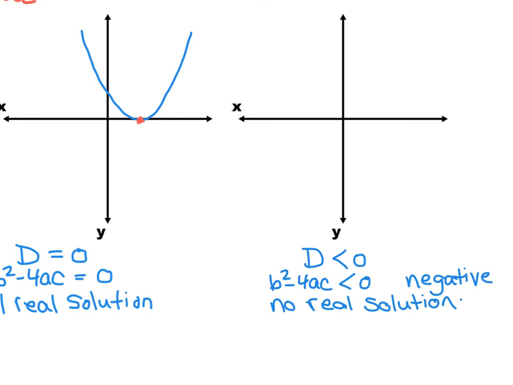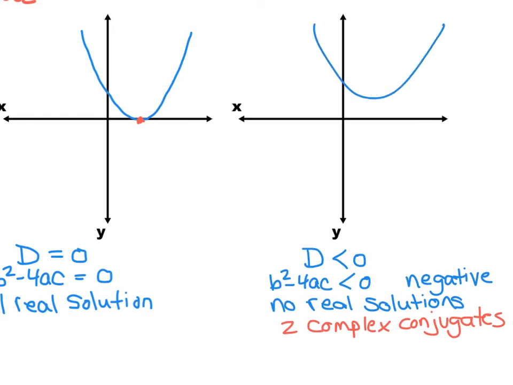So no real solutions, and maybe just in a different color here, we'll say two complex conjugates. And so we've already looked at that in the past. That could be, for example, some kind of parabola that's never going to intersect the real number line, the x-axis.